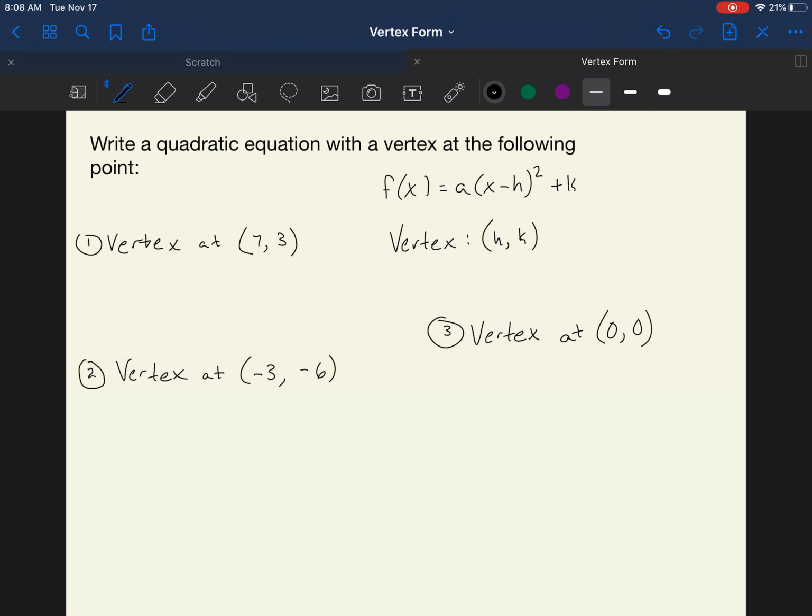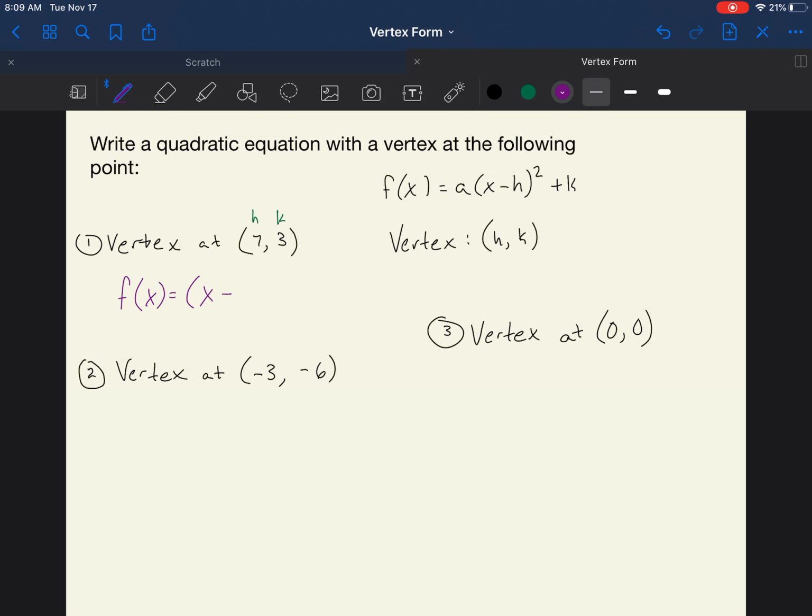So it's going to be f of x equals x, let's see, my h here is 7 and my k is 3.